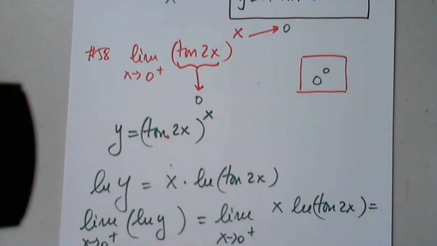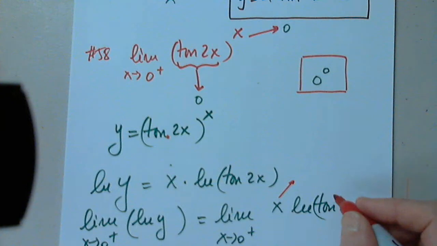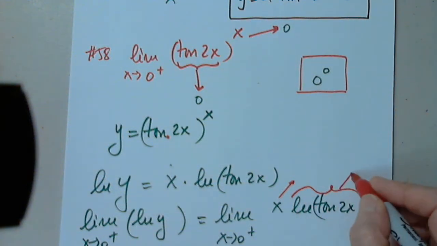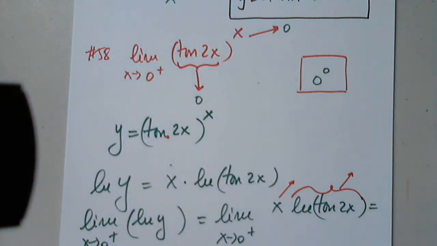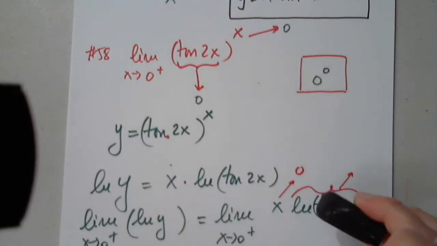Good. Now again, where is this going? And where is this going? Zero and 0. Careful. Correct. So don't rush.